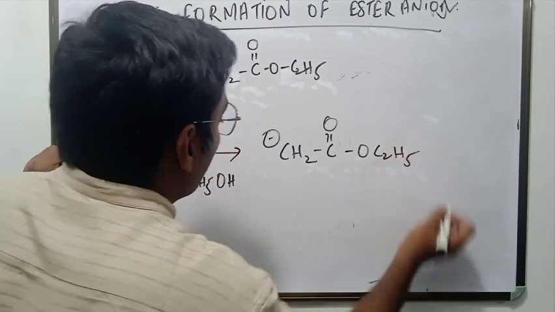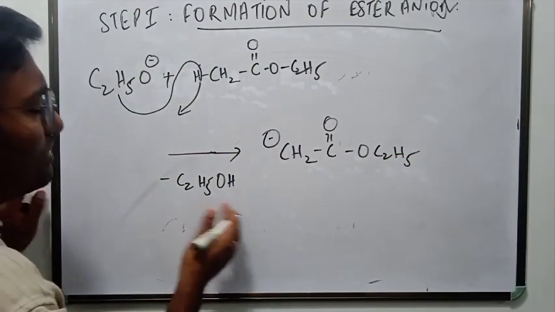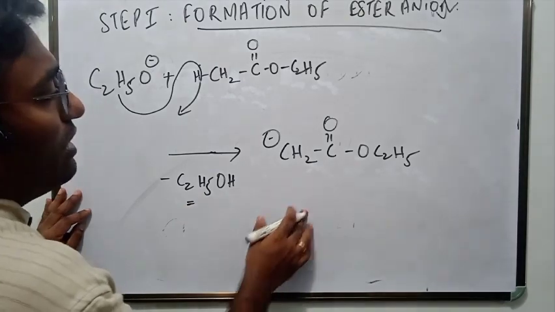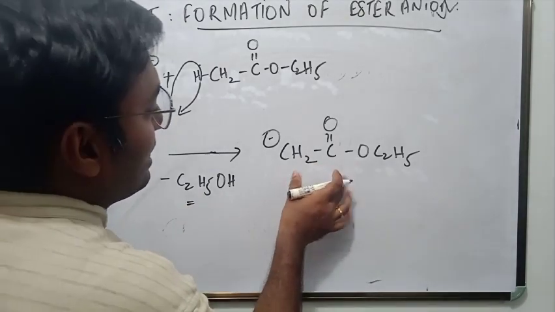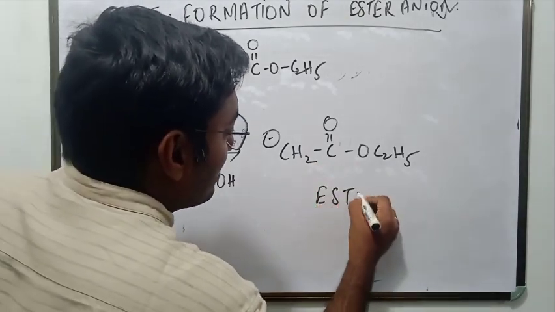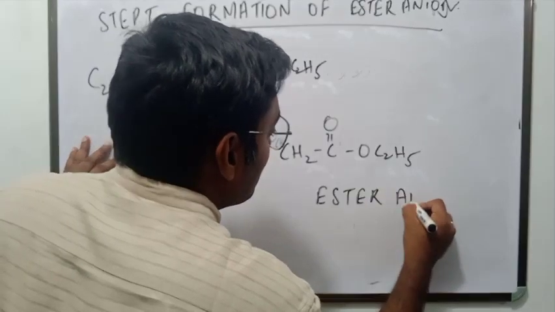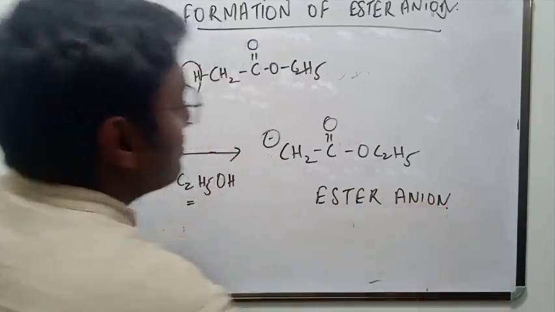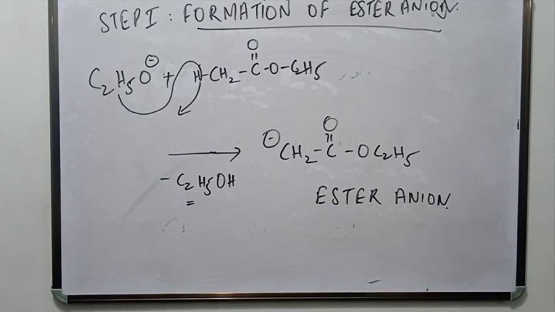So one of our products is formed which is not of major concern. Ethanol is formed and we have formed ester anion. That is the main thing. So that is step number 1, formation of ester anion.